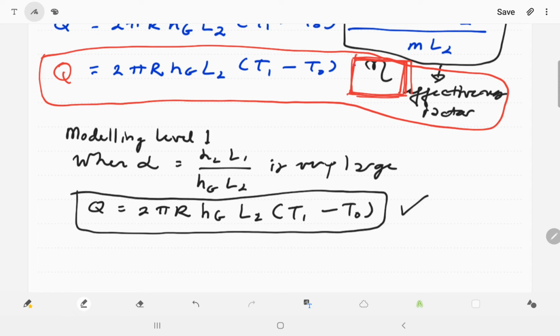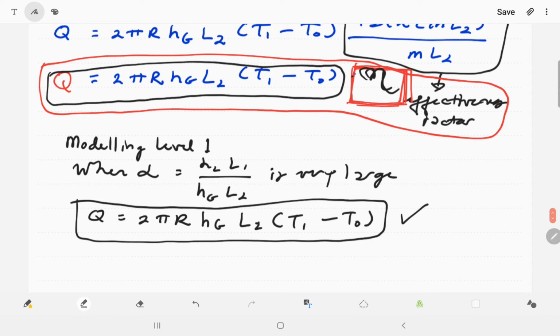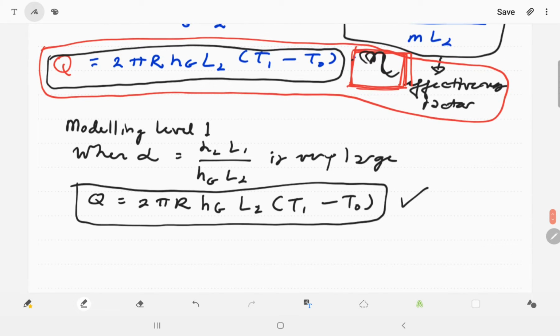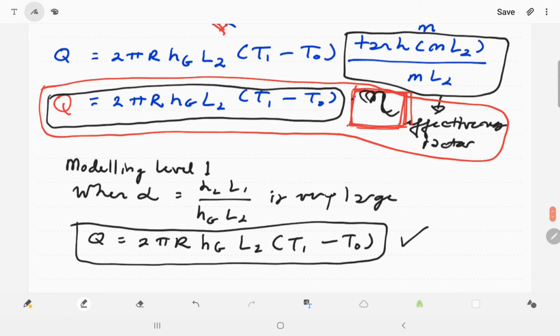As you can see in here, the difference is that from modeling level 2, what you have is this particular form with multiplication of this effectiveness factor. This effectiveness factor is something that is added in modeling level 2.